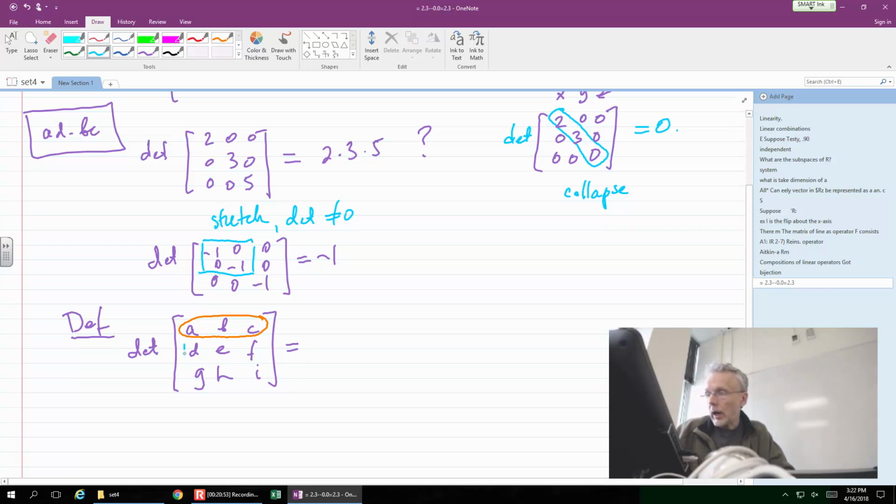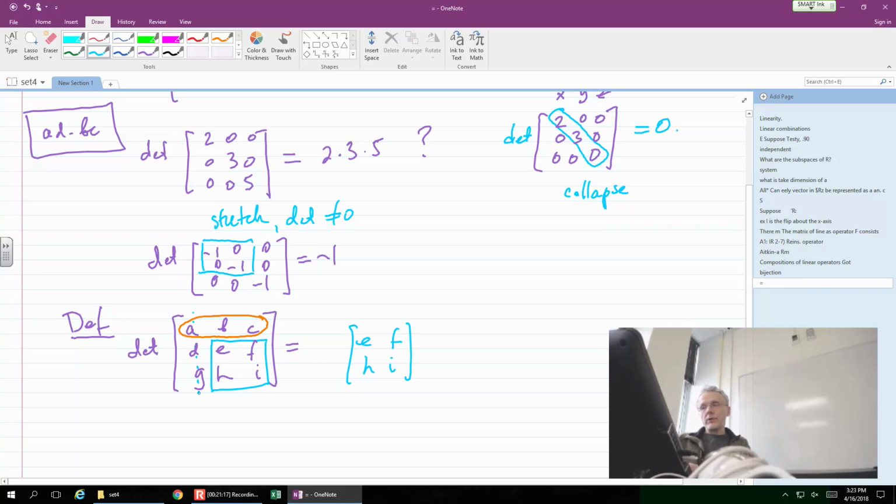So this is the number 1. That's not the first one actually. The first one is this: E, F, H, I. Here I have removed the first column.